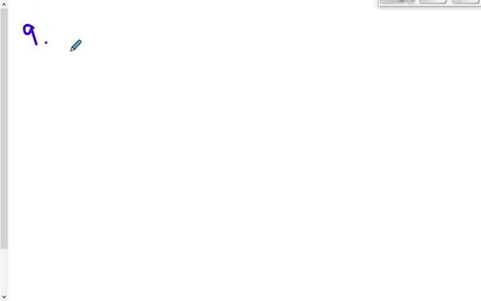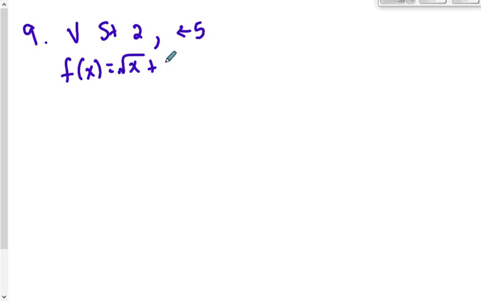Number 9. Let g be a vertical stretch by a factor of 2, followed by a translation 5 units left of the graph of f of x equals the square root of x plus 3. So, first, vertical stretch of 2, inside or outside?